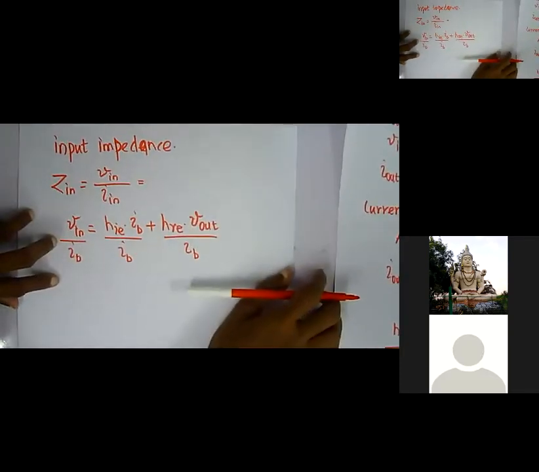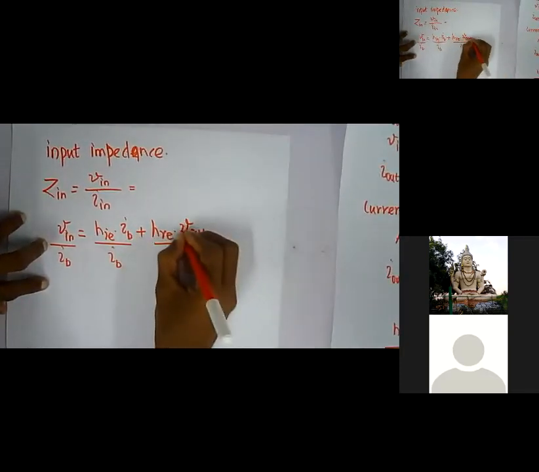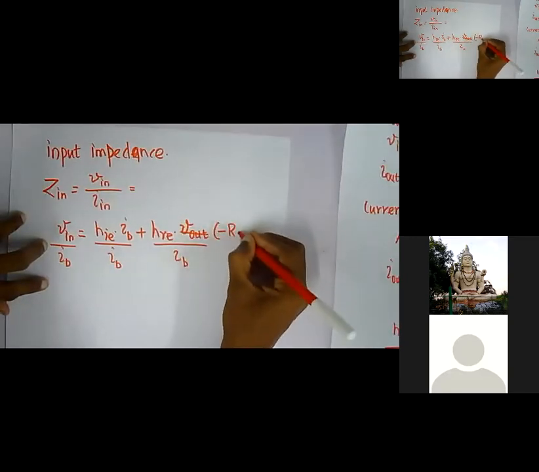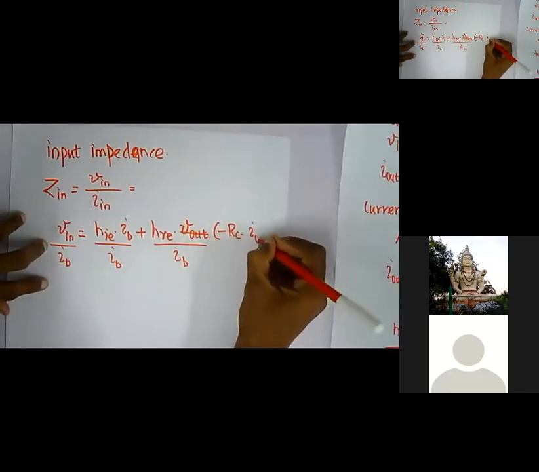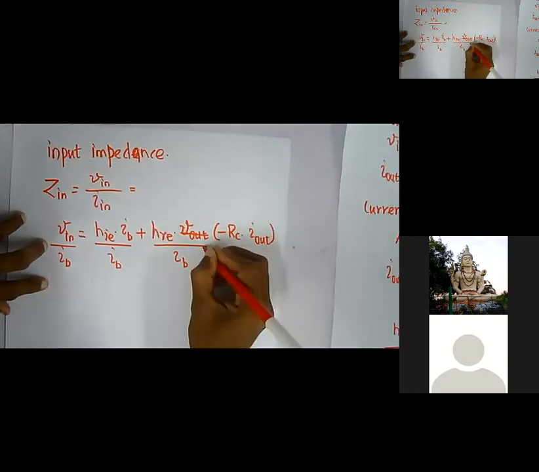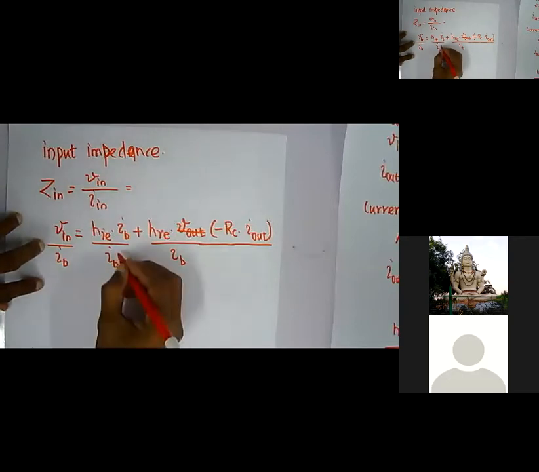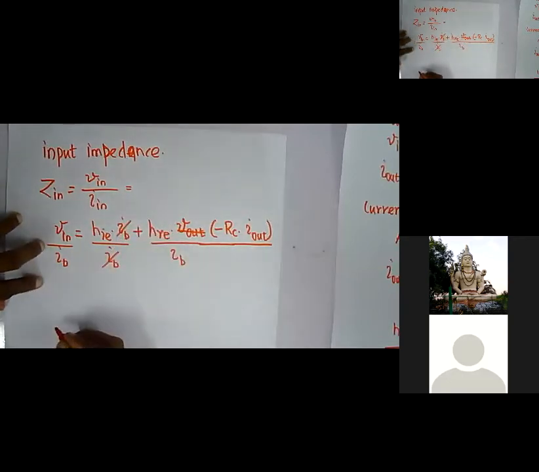So I can write this instead of V out: minus RC into I out. Am I right? So now IB will get cancelled.